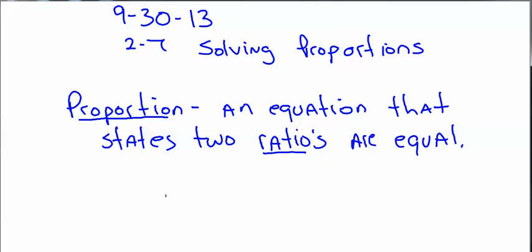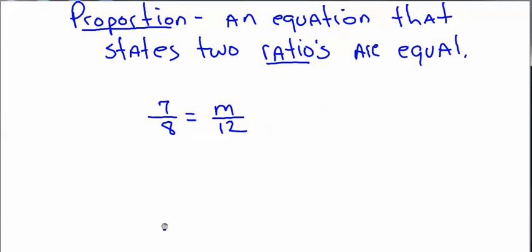So if you got 7 over 8 equal to m over 12, you use the old crisscross applesauce method, right? Which means you multiply diagonally. You multiply 8 times m, and you get 8m. You bring down your equal sign, then you multiply 7 times 12.